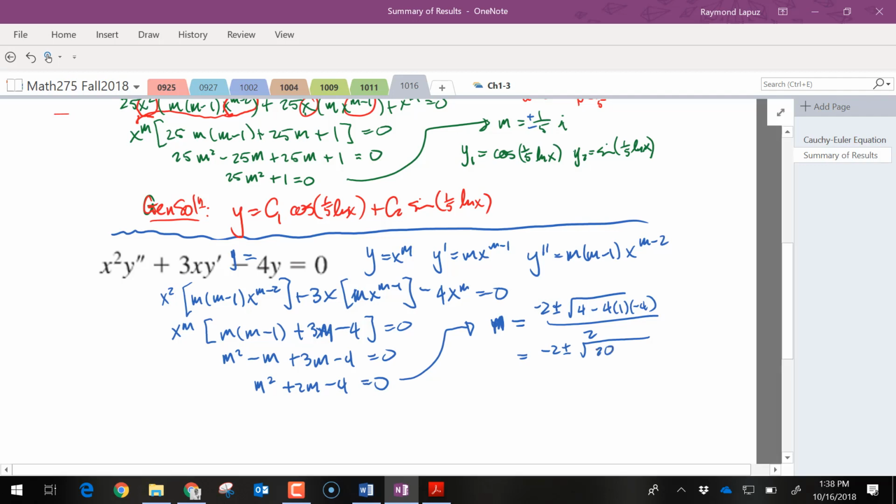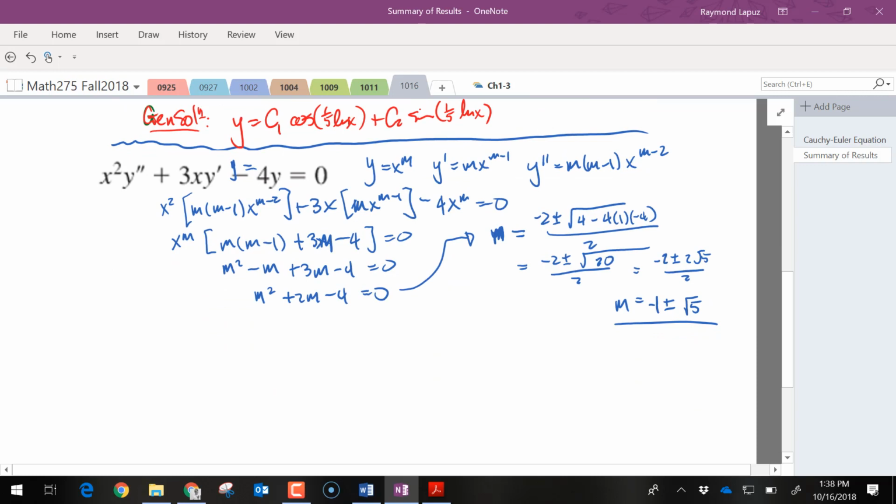So that's like 2 root 5 maybe? So we can say negative 1 plus or minus square root of 5 if we cancel the 2's. Well, in any case, it doesn't look nice, but we have 2 distinct real roots, right? So one's with a plus, one's with a minus.